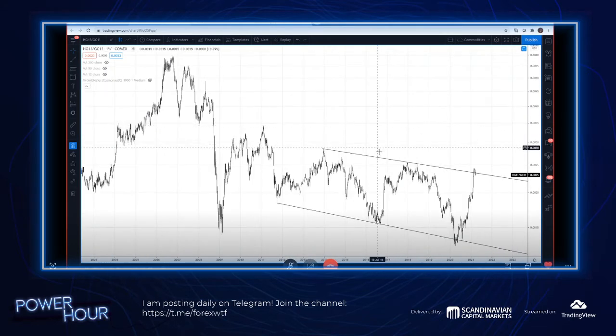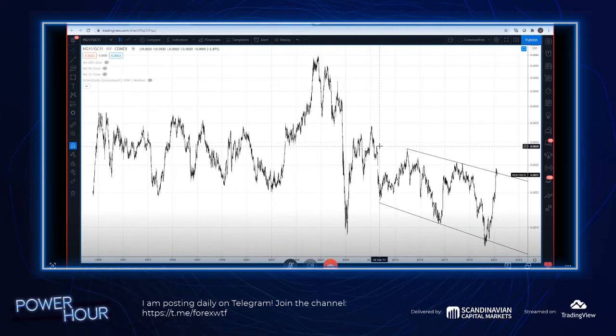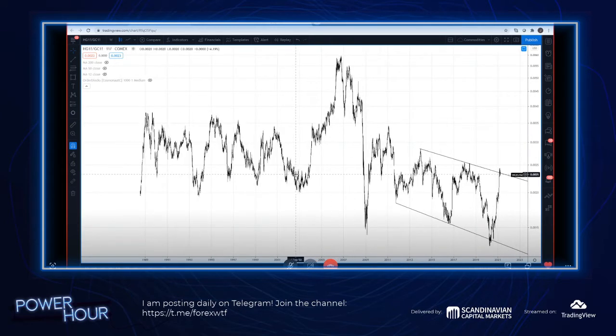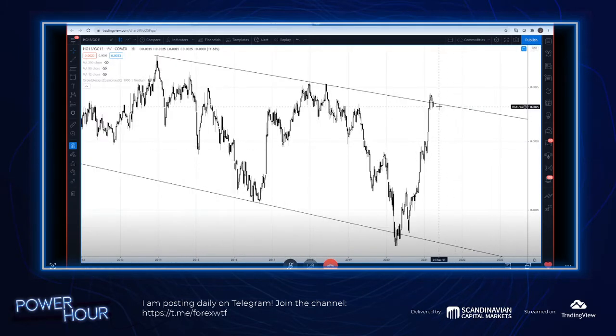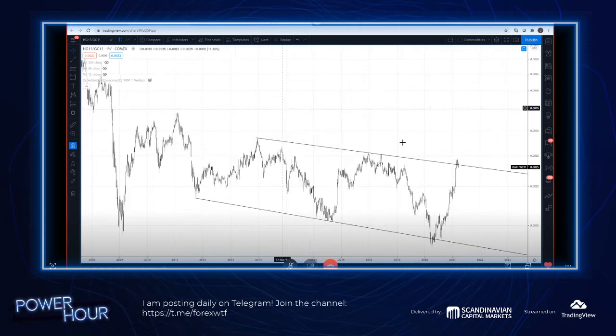So this is the copper divided by gold ratio. It doesn't matter what it is, it could be anything. But if you saw this chart, have we broken out yet? No, we've come up here and failed, and we're pulling back. It would seem a good spot for us to pull back some, right?